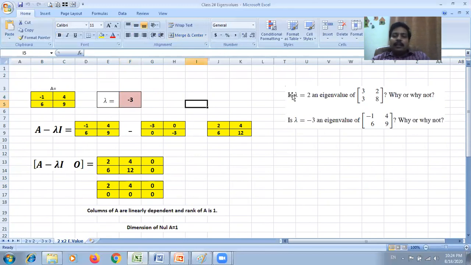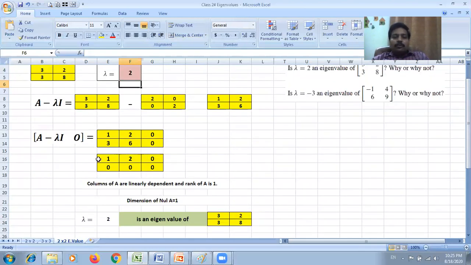Similarly, we can see the other problem also. Here I am taking 3, 3 and 2, 8. This is the given matrix, and lambda equal to 2 is given. So A minus lambda I is this one. It was automatically calculated as 1, 2, 3, 6, and this is also reduced into echelon form.